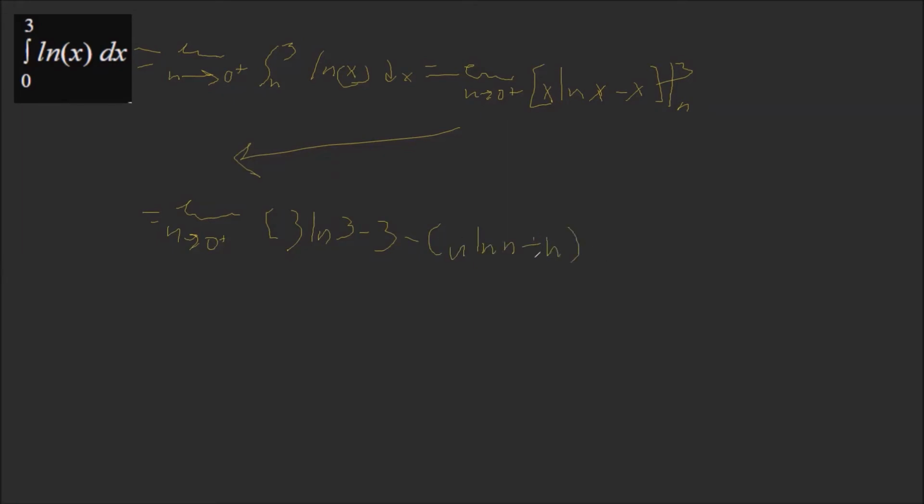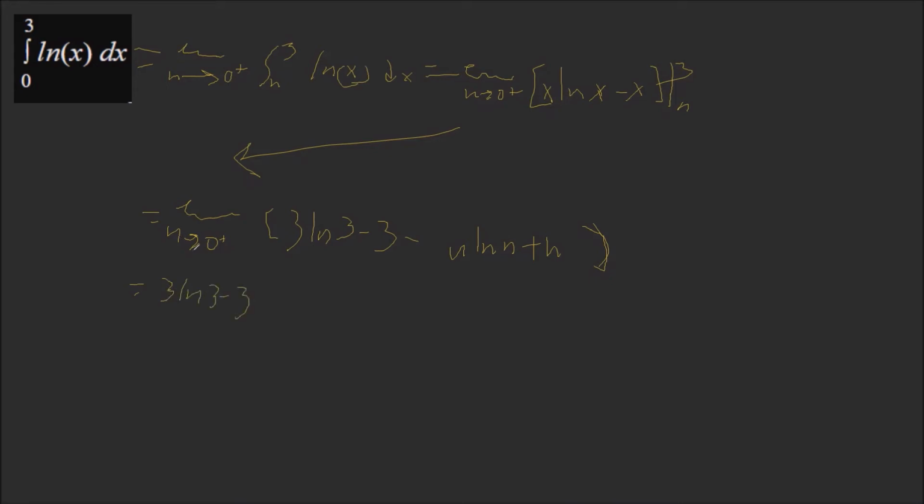And I'm going to distribute this negative sign over here such that we actually end up adding n. And from here, we're going to partially take the limit as n approaches 0 from the right. You'll see what I mean. We're just going to simplify this for a bit. So what we have currently is equal to 3 natural log 3 minus 3.